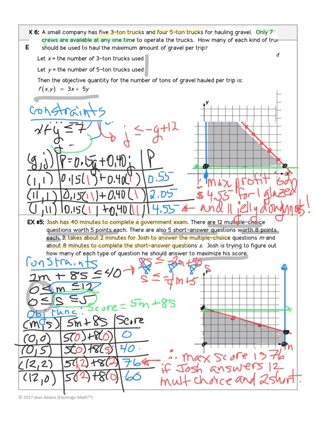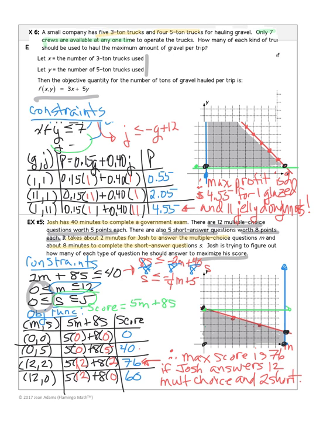Okay, so our next constraint deals with the number of trucks that hold the gravel. We've got 5 3-ton trucks, so the number of 3-ton trucks is limited to 5.